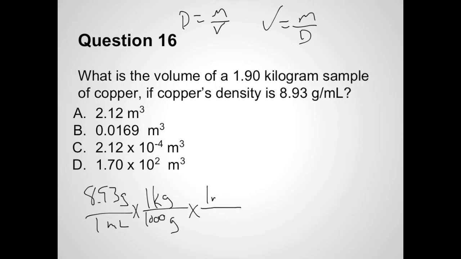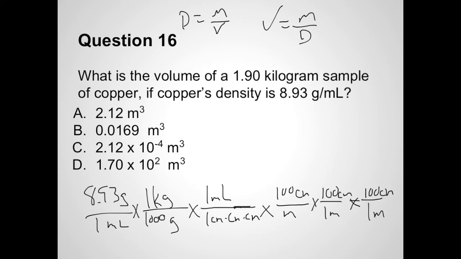So the first conversion is converting milliliters to cubic centimeters, or centimeters times centimeters times centimeters, and that's actually a one-to-one conversion, but I'm just putting it in there to get the units straight. And then I need to convert between centimeters and meters. There are 100 centimeters in a meter. So if I'm going for cubic meters, I need to repeat this 3 times. Okay, and believe it or not, when you do all that out, you end up with 8,930 kilograms per cubic meter.